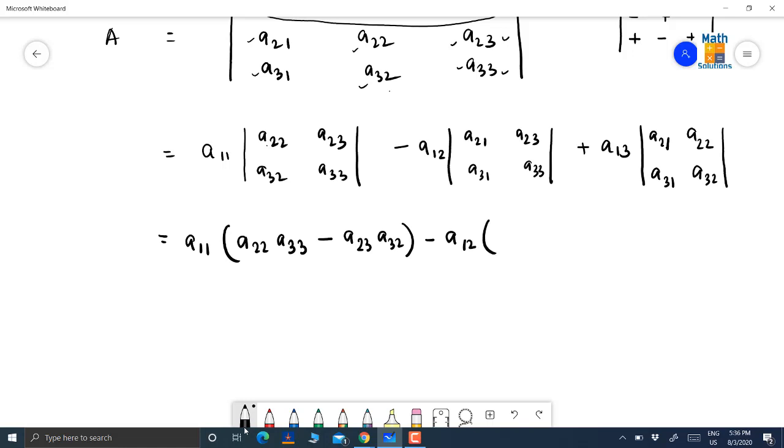Here again these two will be multiplied first, A21 A33 minus these two again, A23 A31, plus A13, again these two multiplied, A21 A32 minus A22 A31. So this is the result.